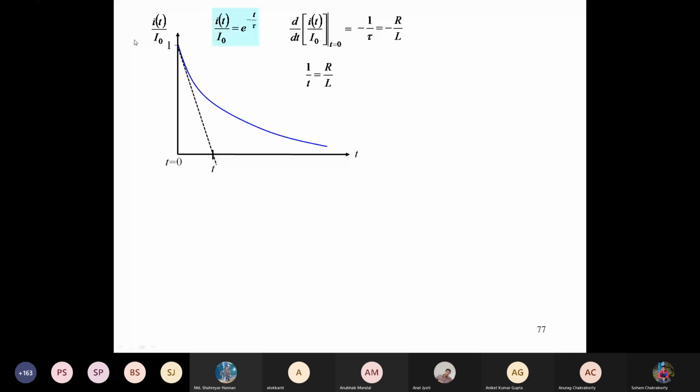From here you can find out this t is equal to L by R. This tau is basically called the time constant of the circuit. If you have an LR circuit, L by R has the unit of time. It is called the time constant.